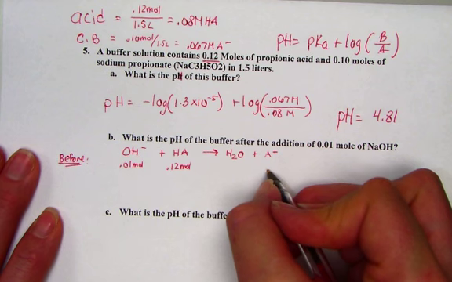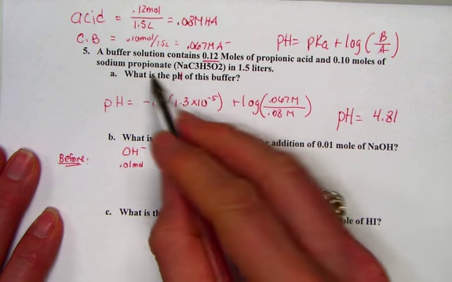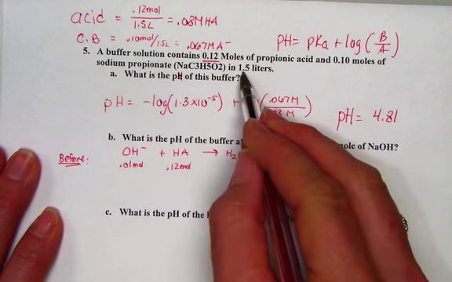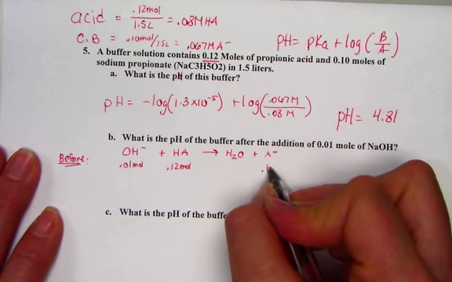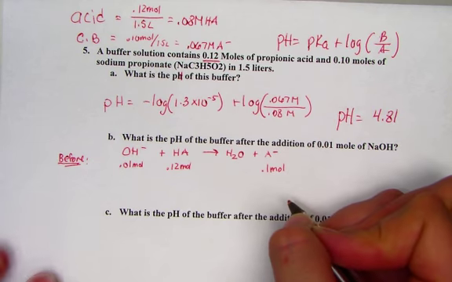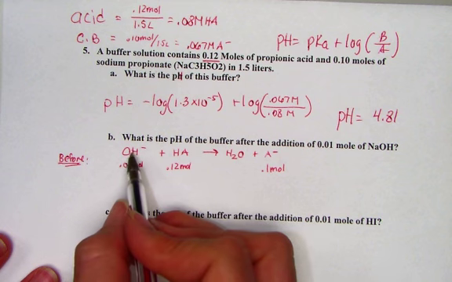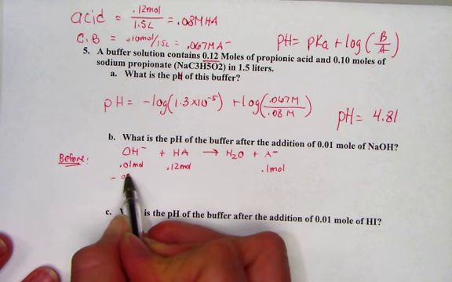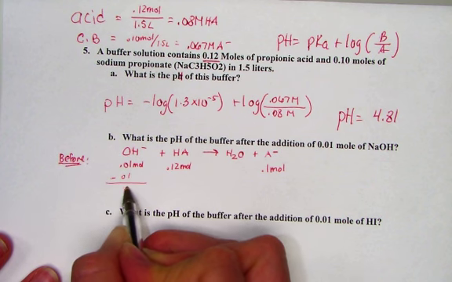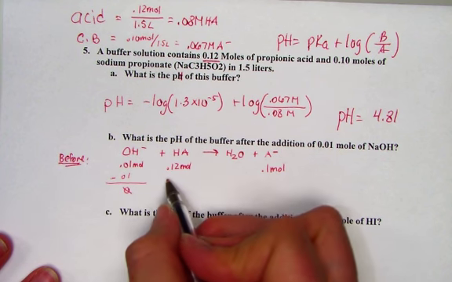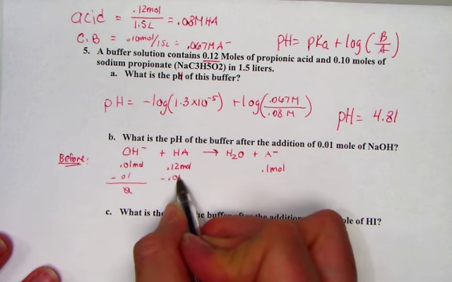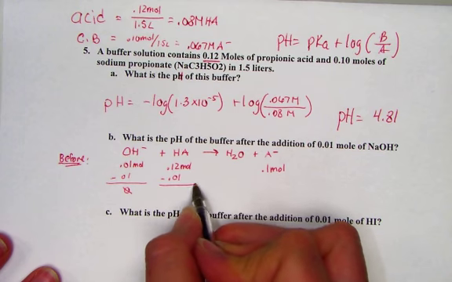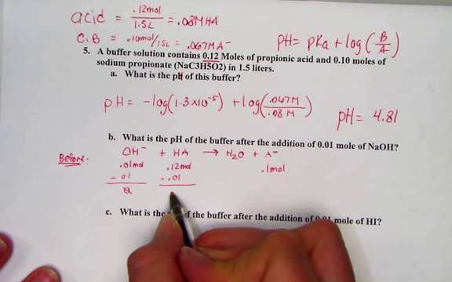And on the opposite side, the conjugate base coming from sodium propionate gave us 0.1 moles before the reaction occurred. The limiting reagent is hydroxide. So during the course of the reaction, it gets used to have no value left. It will also use 0.01 moles of the acid along the way.